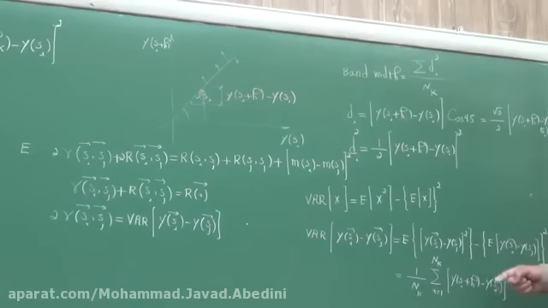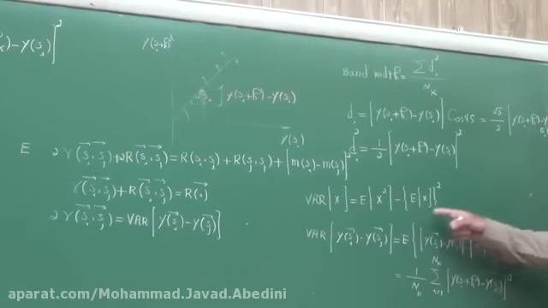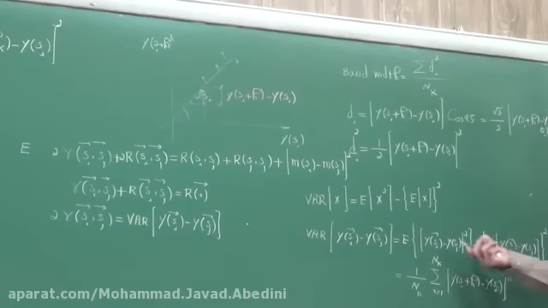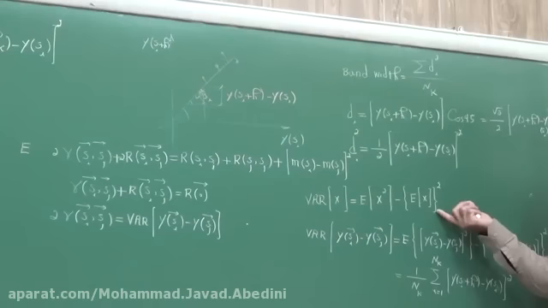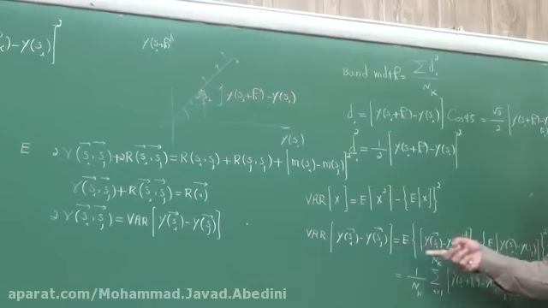And that is why I try to use appropriate editorial stuff to differentiate between this E and this E. This E here has nothing to do with this 2. However, this E here has something to do with this 2. Here you have to raise these to the power of 2 and then take expectation.